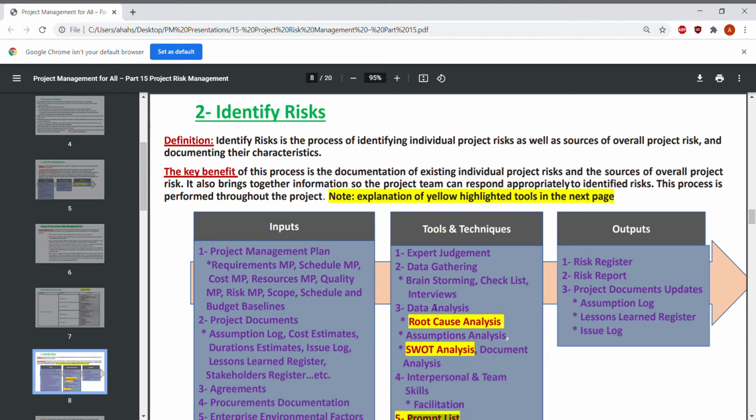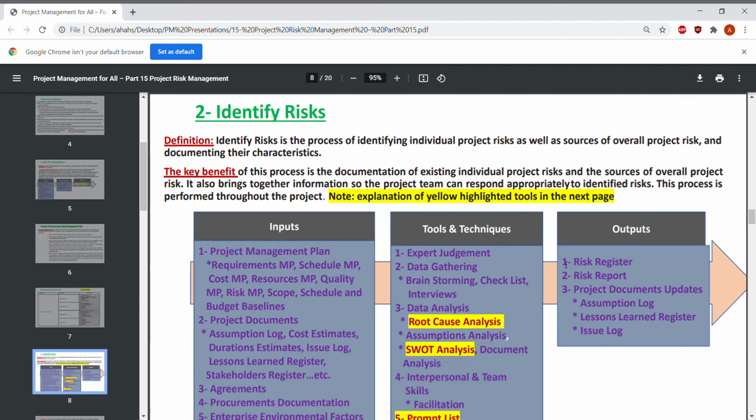We will talk about these three tools, which are highlighted in yellow in the next section. I'm not going to talk about the other tools because we already covered them in previous presentations.